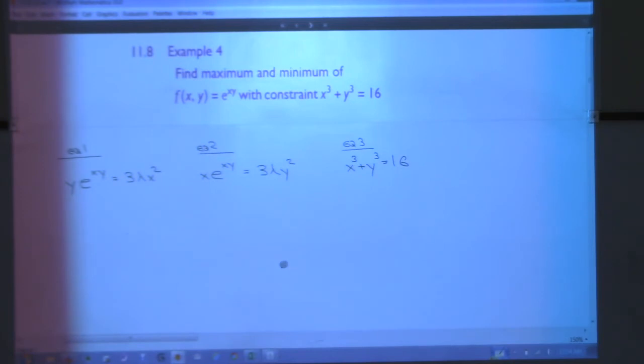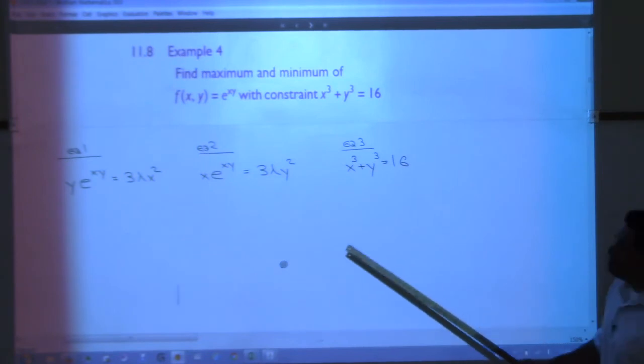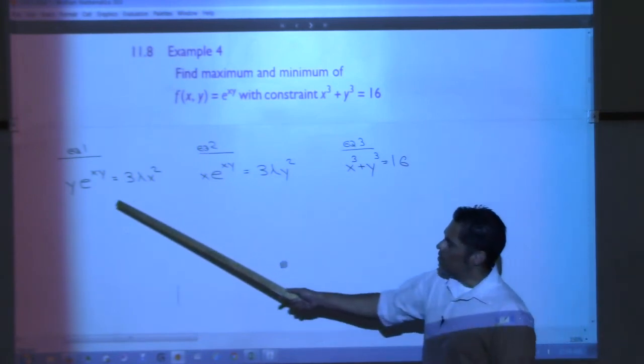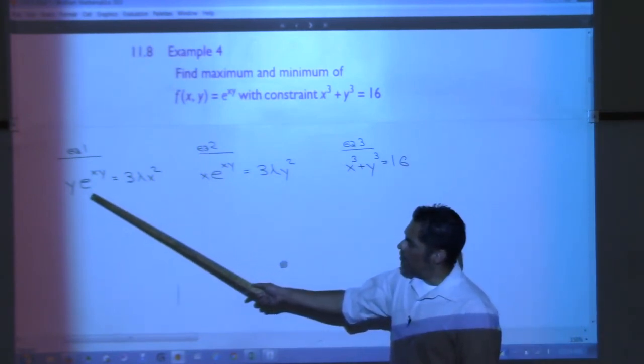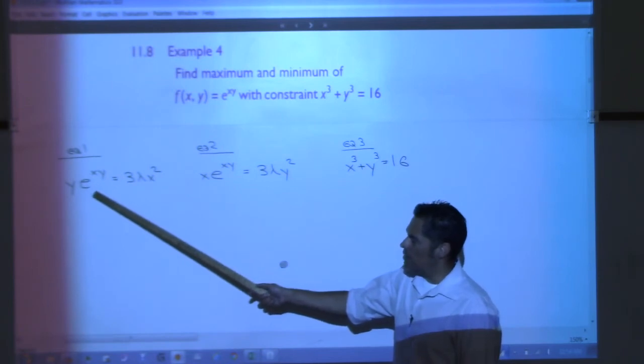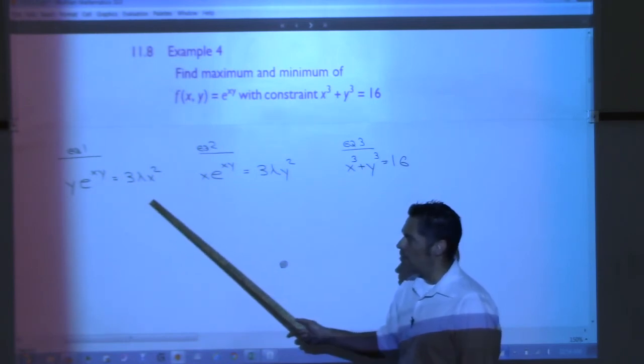Would you just solve for x and y? Well, equation 1, you solve this for y. If you solve this for y, it's still in terms of y, because you have e to the xy, so you'll have y on this side also.